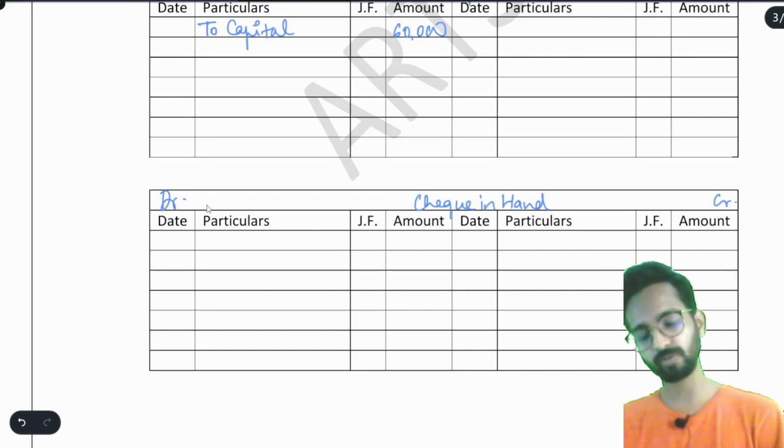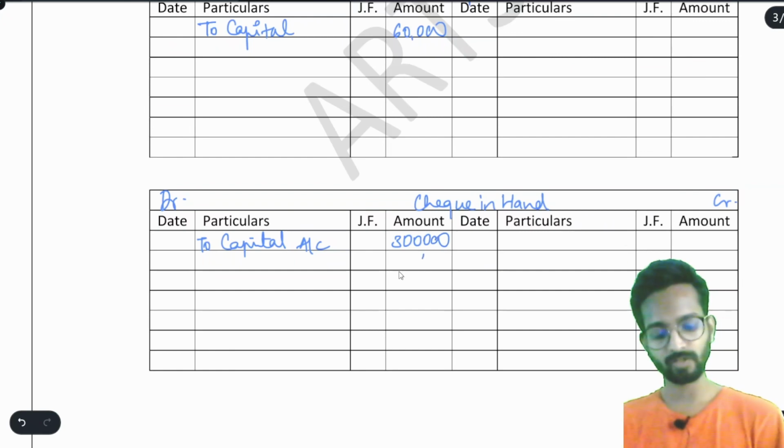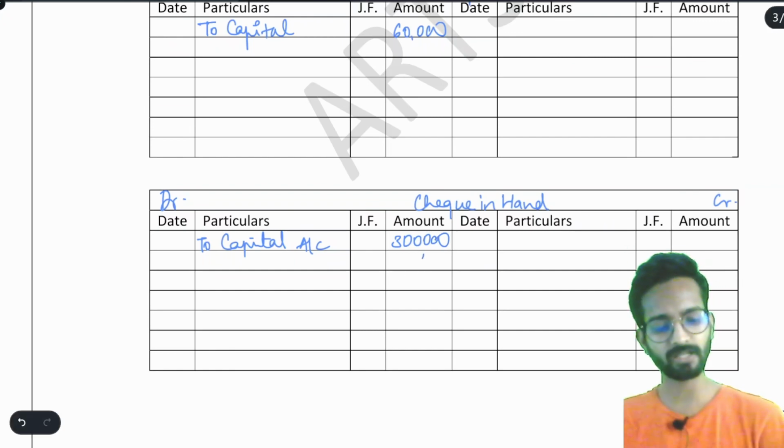You can write bank also because the money is in bank. You can write check in hand also, to capital account 3 lakhs. So we can say that generally we have the bank balance of 3 lakh rupees, because this check, what will the firm do? The firm will deposit this check in their bank account.